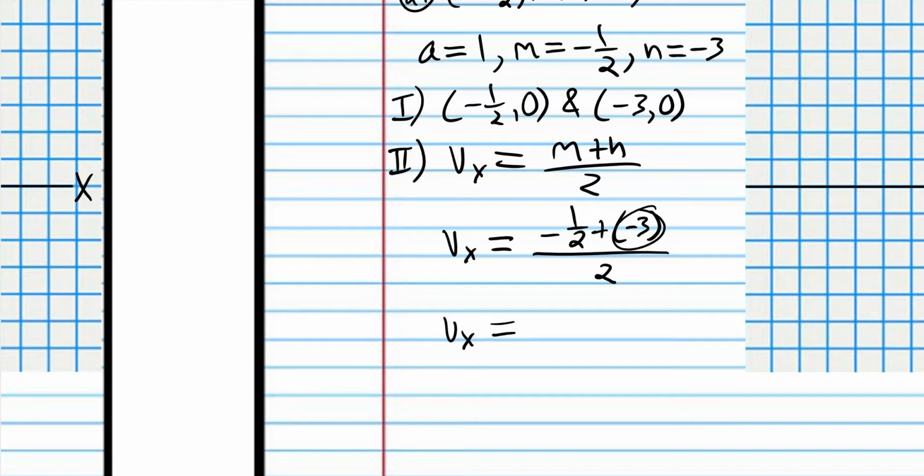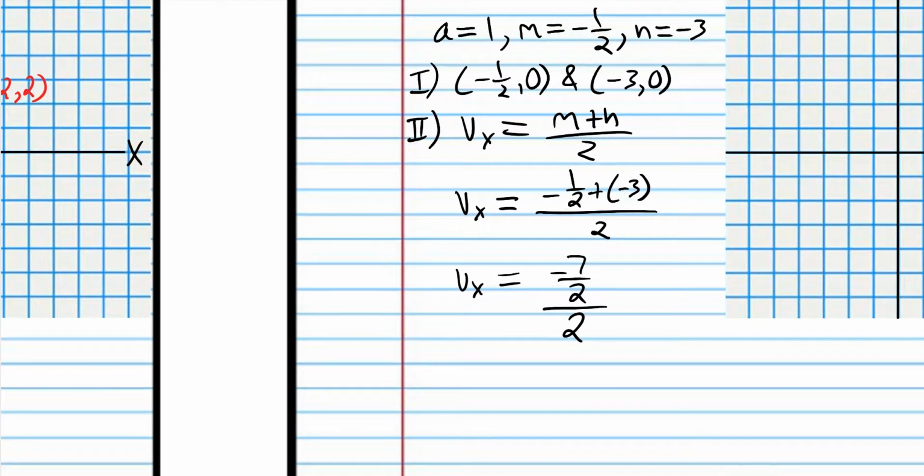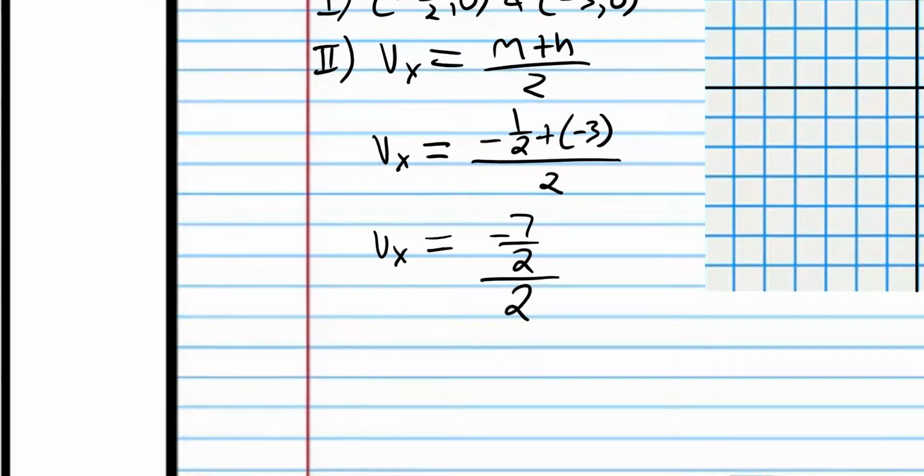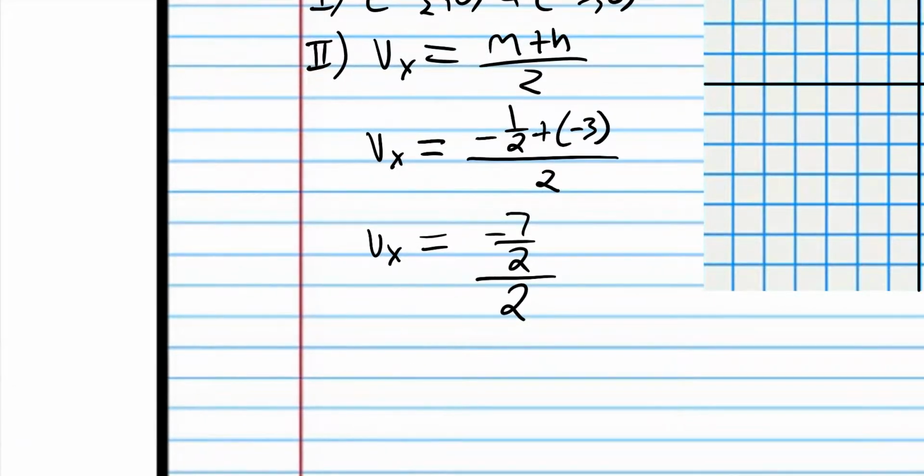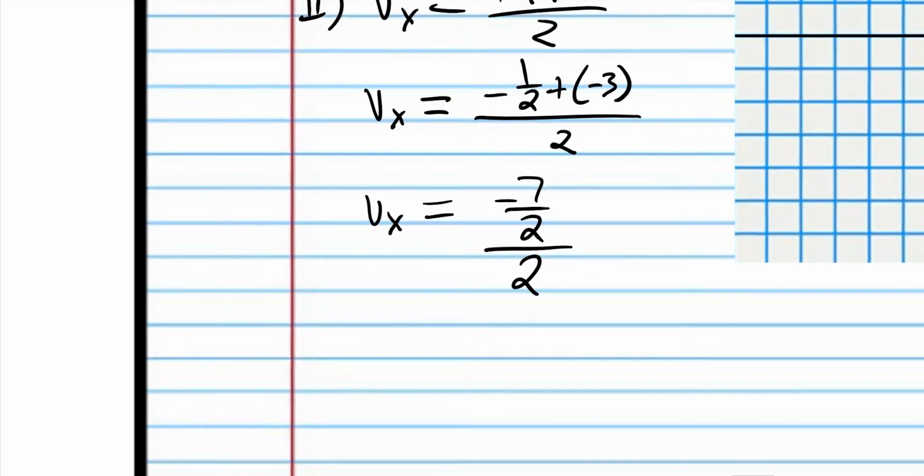So negative 3 is the same thing as negative 6/2. Negative 6/2 plus negative 1/2 is negative 7/2. And there's a lot of different ways you could do it, but again, changing negative 3 to negative 6/2, that's just basic arithmetic.